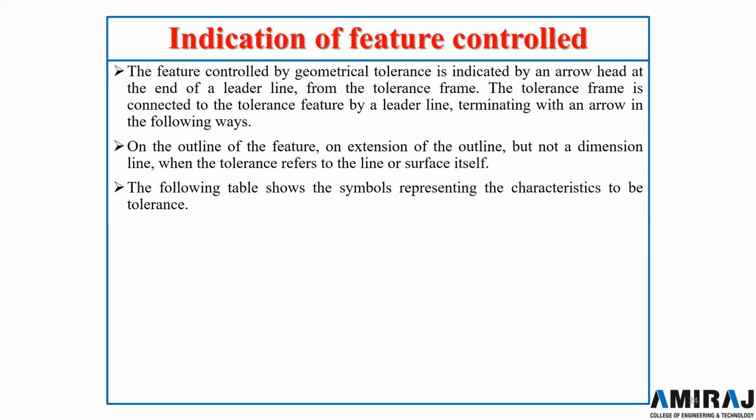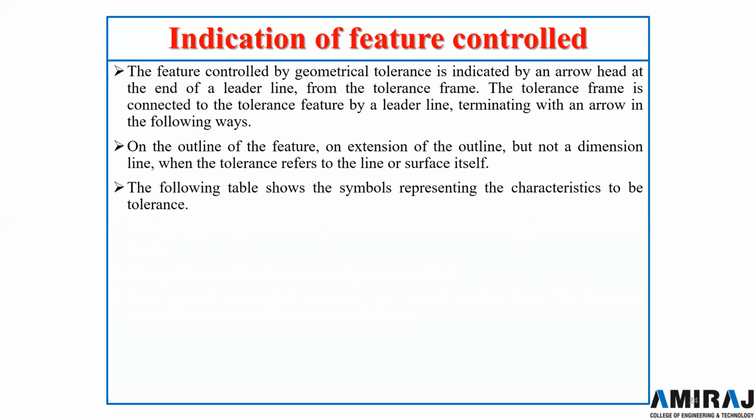The indication of feature control. The feature controlled by the geometric tolerance is indicated by an arrowhead at the end of a leader line from the tolerance frame. The tolerance frame is connected to the tolerance feature by a leader line terminating with an arrow in the following ways.